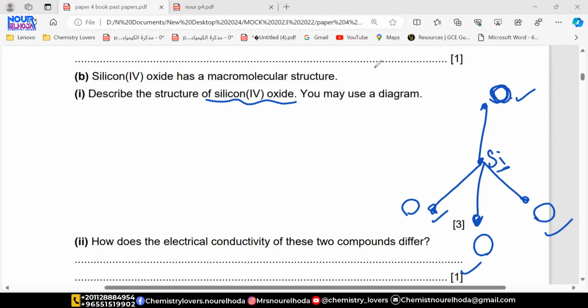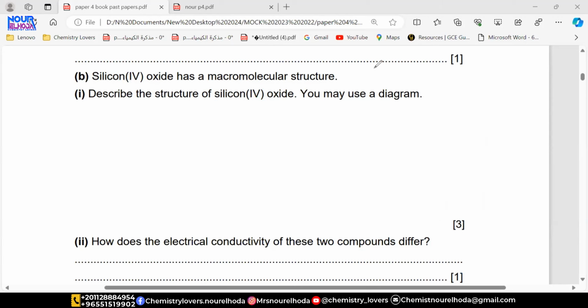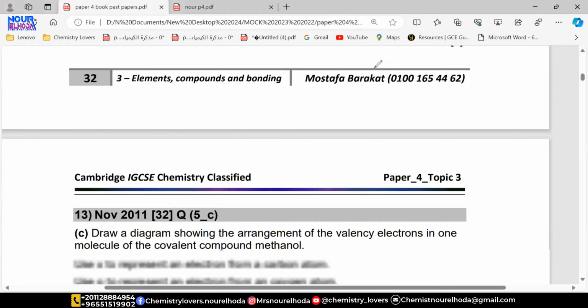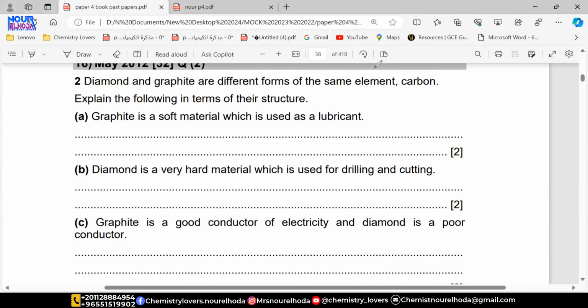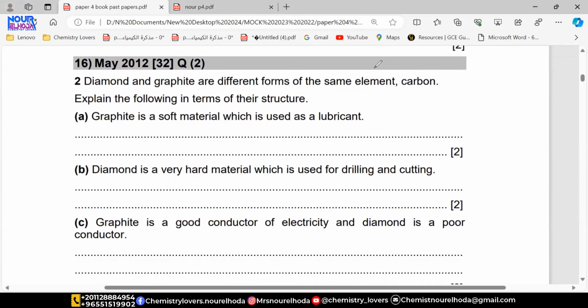If I'm going to ask you about conduction of electricity, I want to do a question. This is a very common question for Cambridge and for Edexcel. If he asks you why graphite is a soft substance which is used as a lubricant.